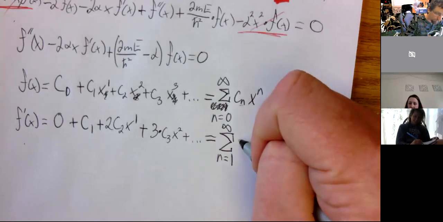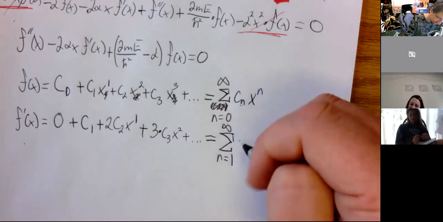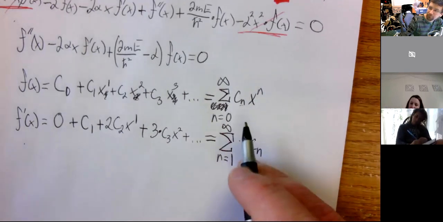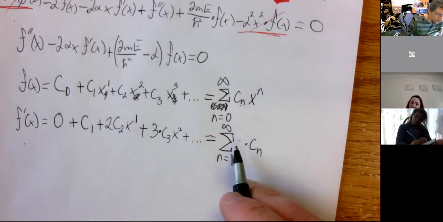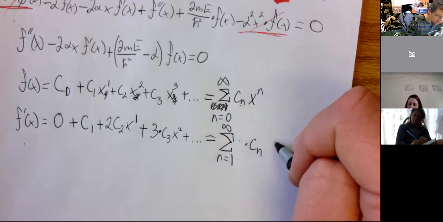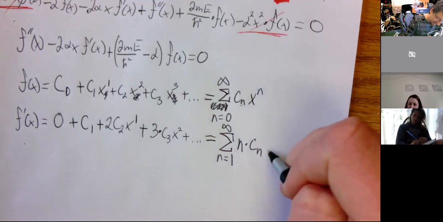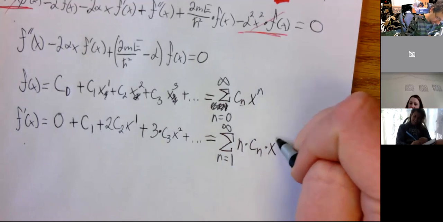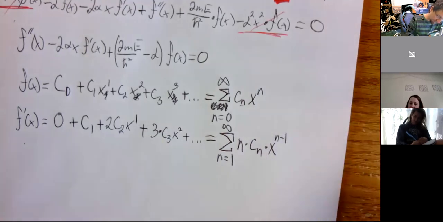CN, n up front, times n minus 1, and then we've got that x to the n minus 1. Yep, n minus 1.